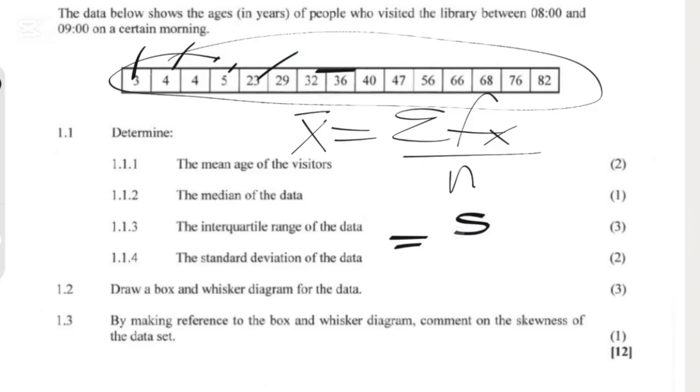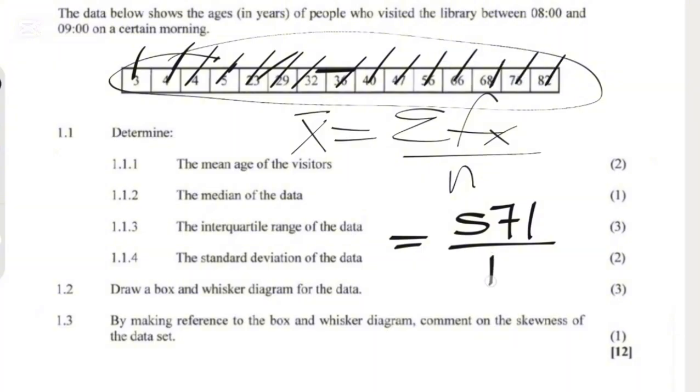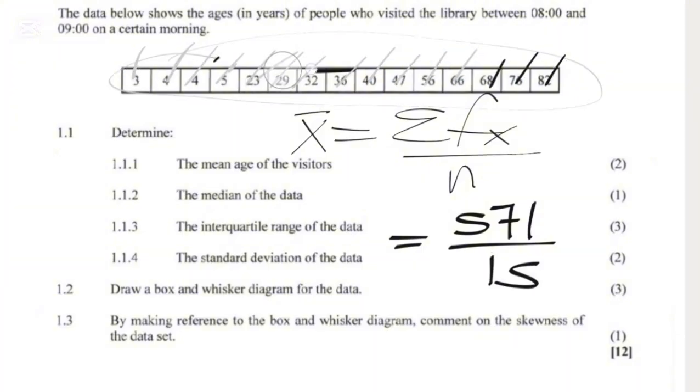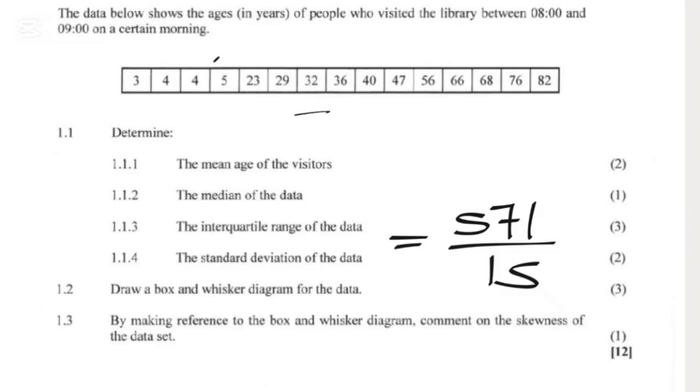You have 571. That's the sum of all these things over how many terms? Let's count: 1, 2, 3, up to 15, all over 15, and you're going to get your mean.